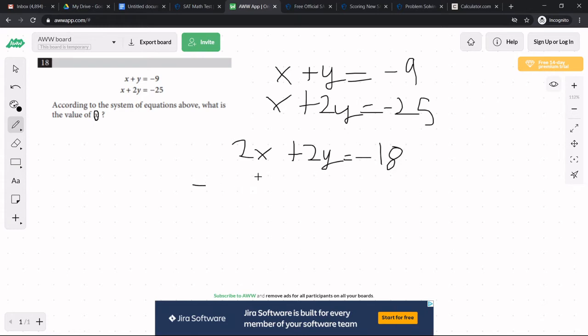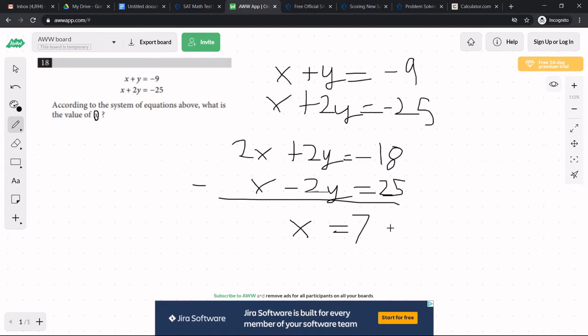And now we're going to subtract x plus 2y equals negative 25. I want to just change all the signs. And now we get x equals 25 minus 18, 7.